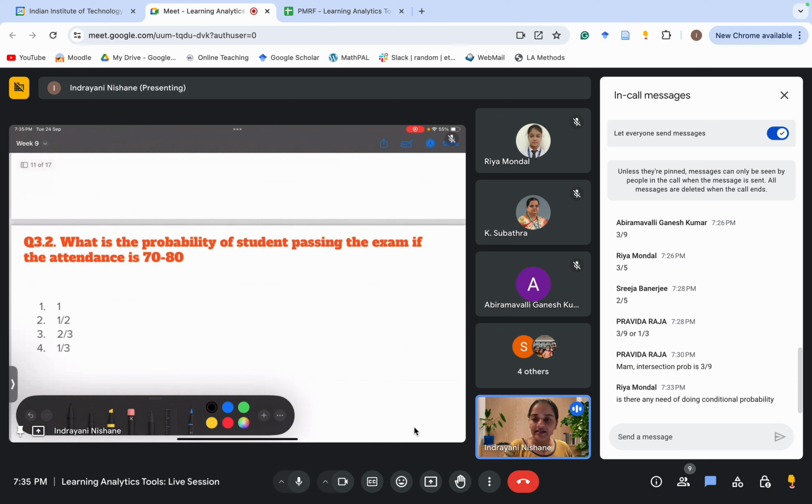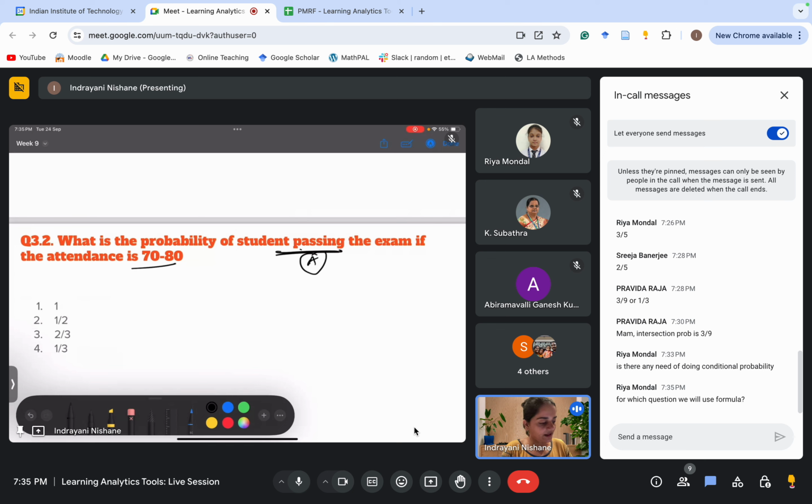Now the second question is, what is the probability of a student passing the exam? So this becomes our event A, passing the exam, if the attendance is between 70 to 80.